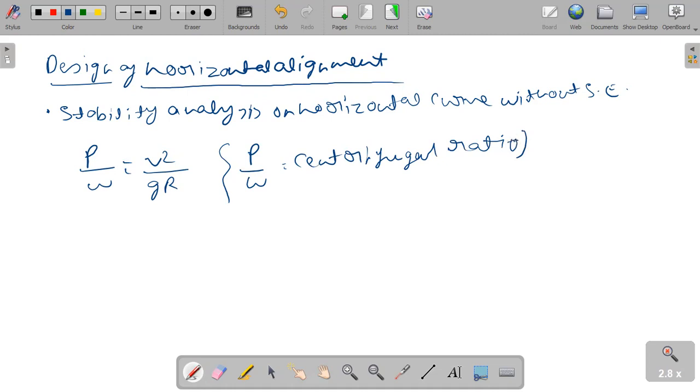This formula is for stability analysis on a horizontal curve without super elevation.